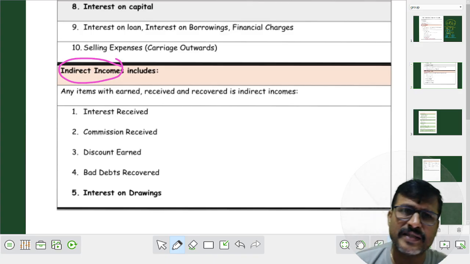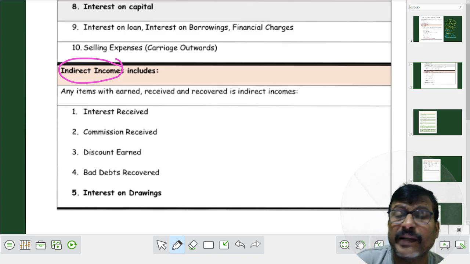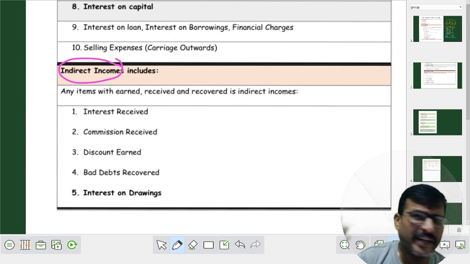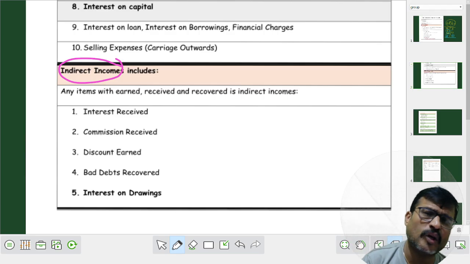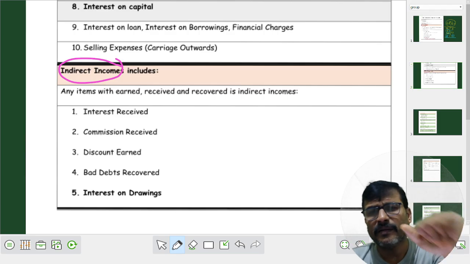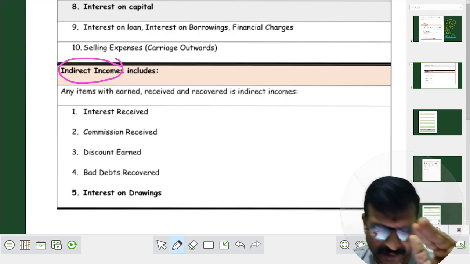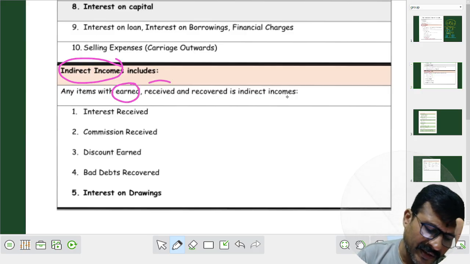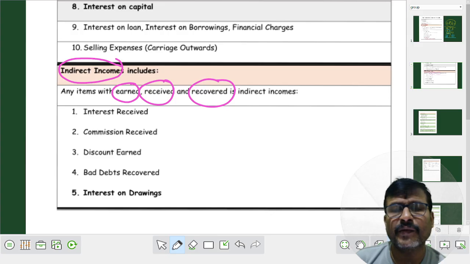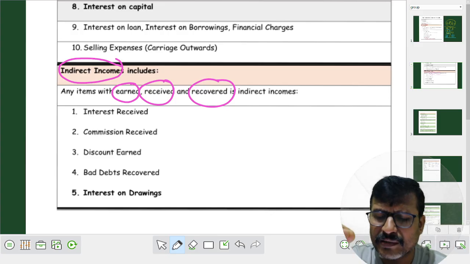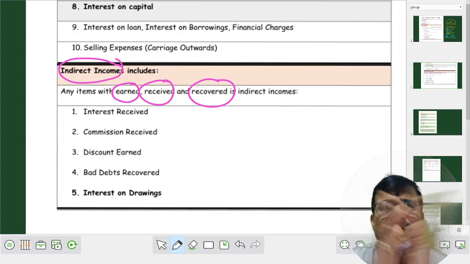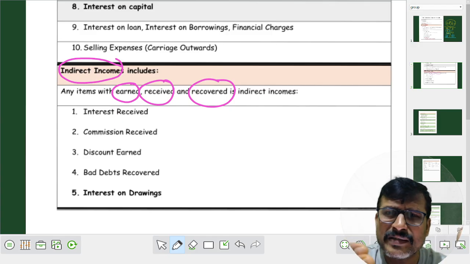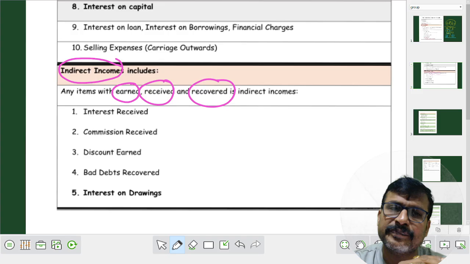Sir, the question arises, how to identify an income as indirect? Remember, in any word, if you come across earned, received, recovered. See, earned, received, recovered. For example, rent is an indirect expense. Rent received is indirect income.